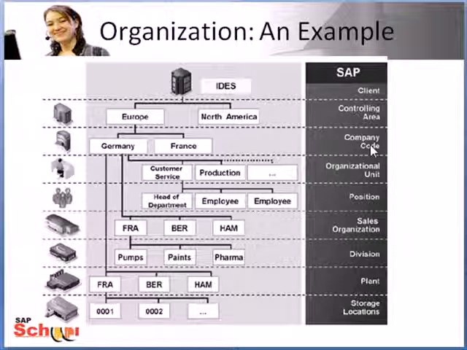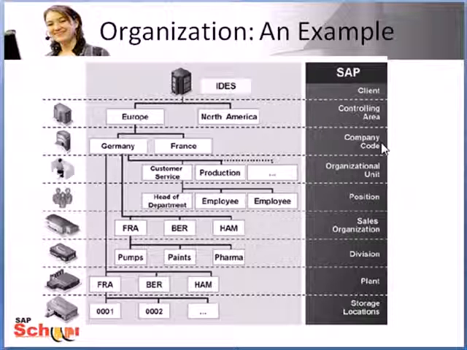Company code is a legal independent accounting unit representing the central organizational elements of financial accounting. The company code also represents the tax law, the fiscal calendar, the local currency, and the tax reporting requirements.